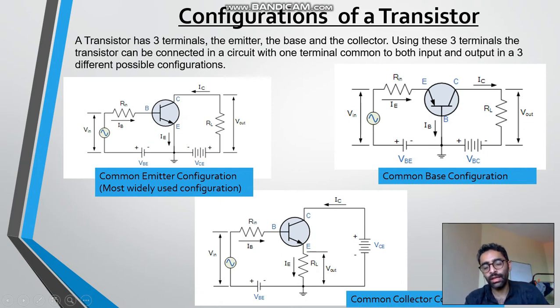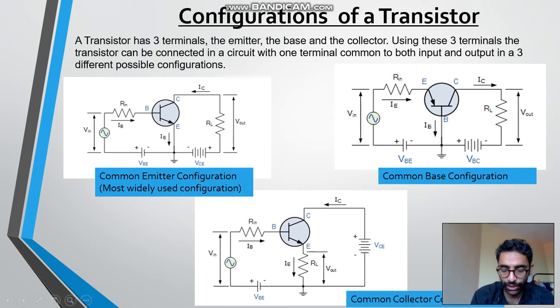Now talking about the last configuration, which is also a very important configuration and is also used in the industry, the common collector configuration. In this configuration, the collector is grounded, but it is connected to a reference voltage also. So the collector is grounded through a reference voltage.